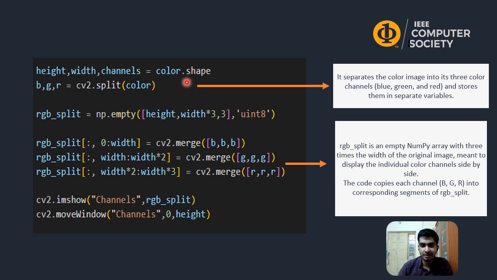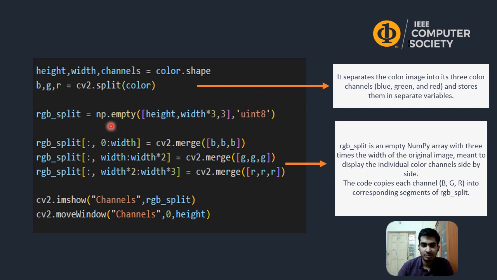Now using the shape function, I am assigning the three variables height, width, channels, with height as number of rows, width as number of columns, and channels as number of channels, which is 3 here. And using the cv2.split function, I am separating the color image into its three color channels, namely blue, green, and red, and it stores them in separate variables.